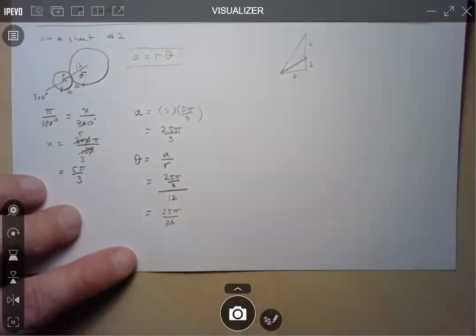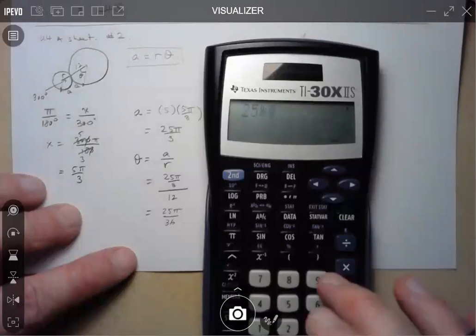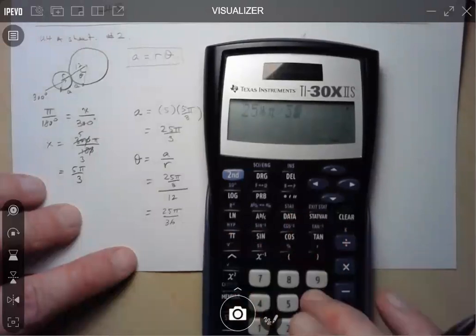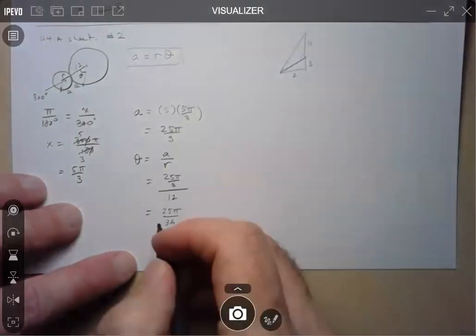Of course, here it would be reasonable to look for an approximation since we're dealing with an application. So if you did want to, 25 times pi over 36, it looks like it's about 2.2 radians.